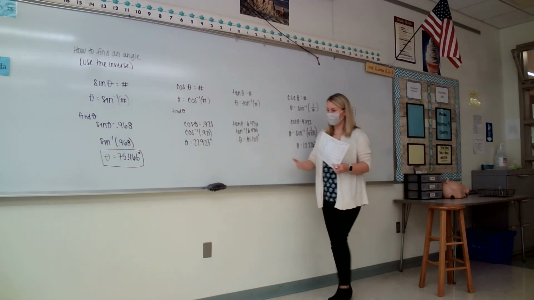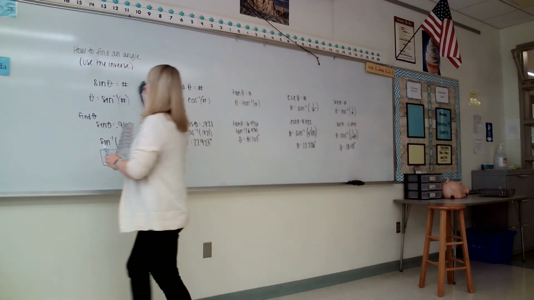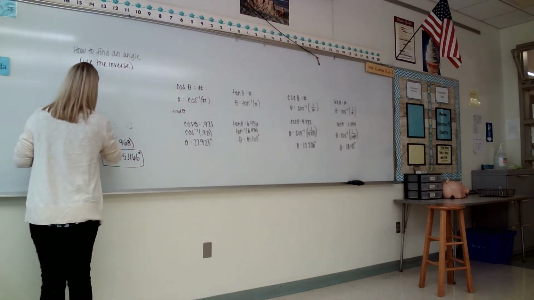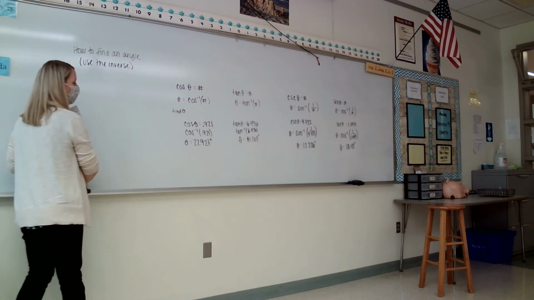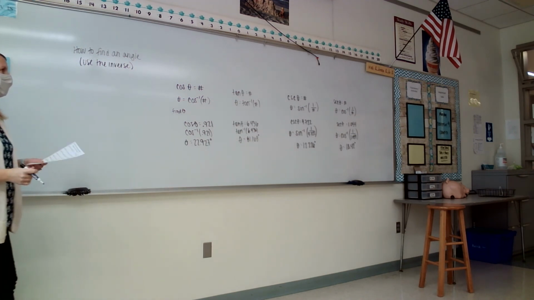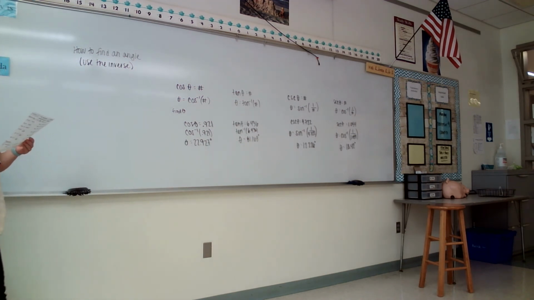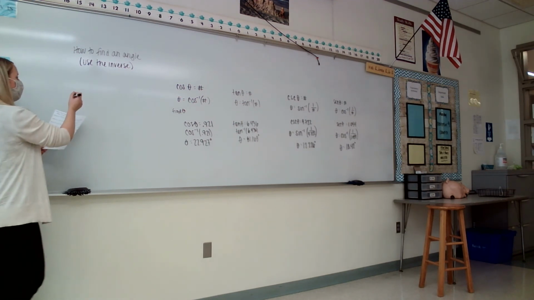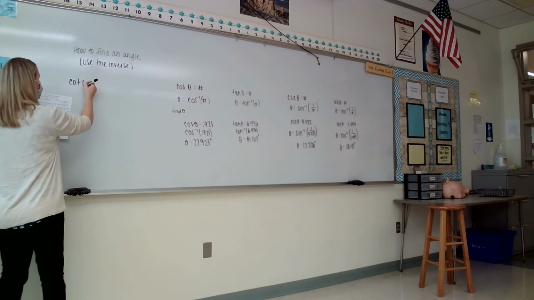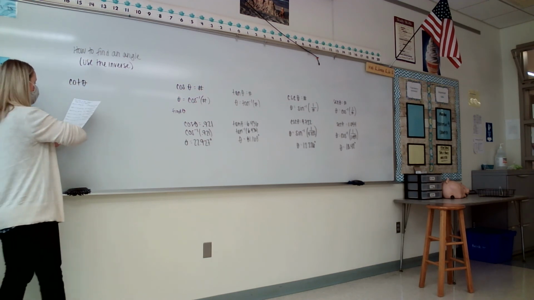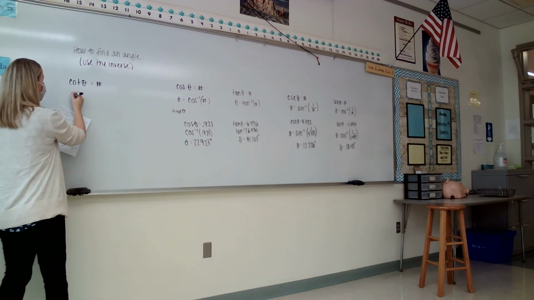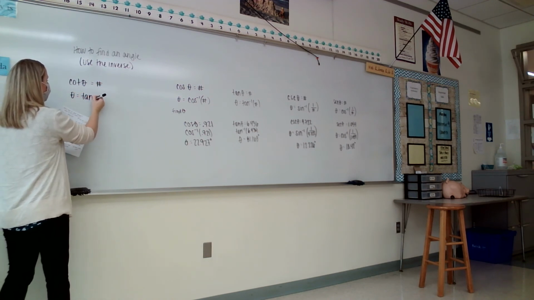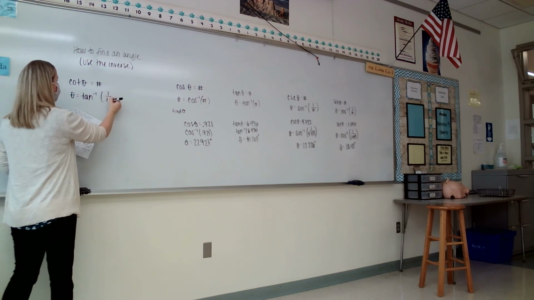So reminder, this stuff can be easy to forget, and I understand that. So please make sure if you think you will forget how to do that on Friday, because your assignment Friday will have to do with calculator stuff, that you do write it down. And then just one more, I like to do one of each. Cotangent theta is equal to a number. If you want to find theta, you're going to do the inverse tangent of 1 over the number.